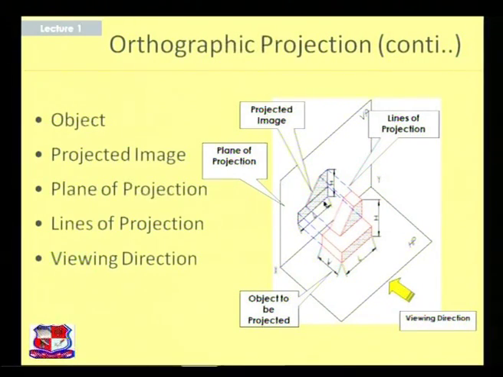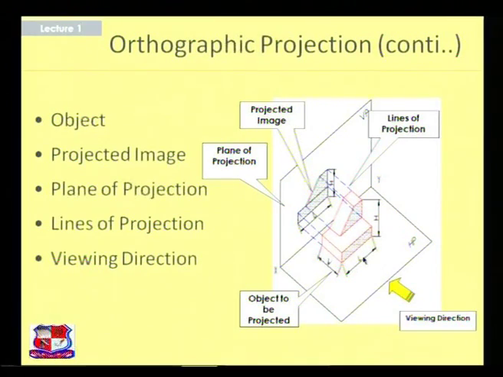Now the images which are projected on the plane are known as the projected image, as we can see from this figure. The plane in which the projected image is transferred or imagined is known as the plane of projection. Here the viewing direction is in this direction, right?